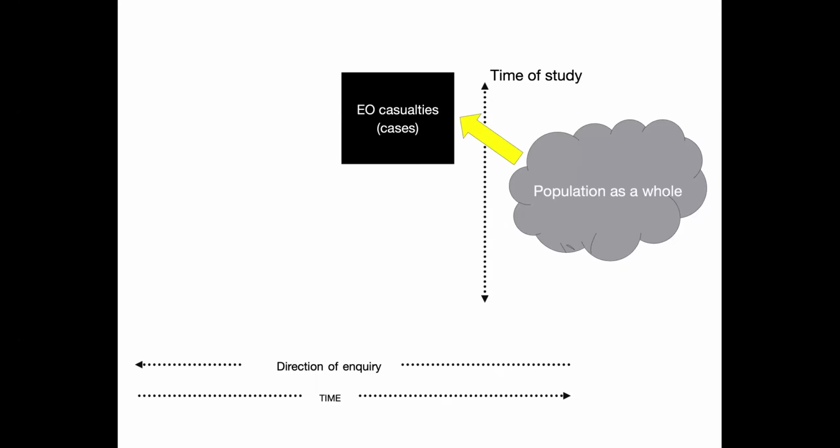We identify our cases, and we do that from something like a victim information system. Some countries have them, some countries don't. But this works where there is data available about casualties, and we identify the people who are demographically similar but who are not casualties.